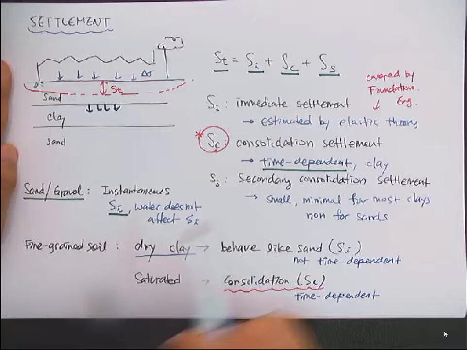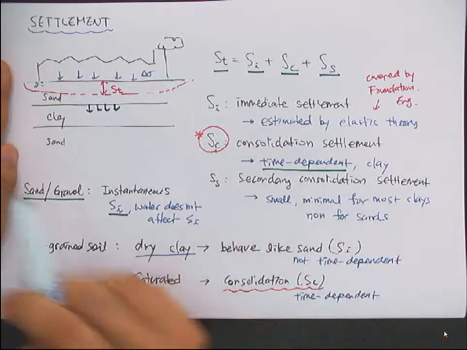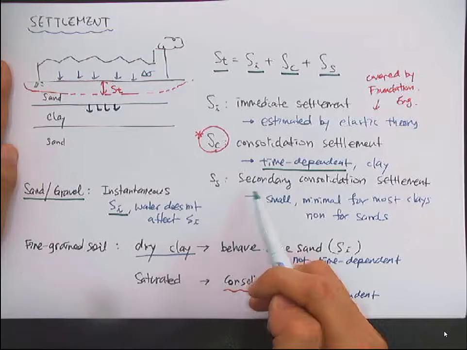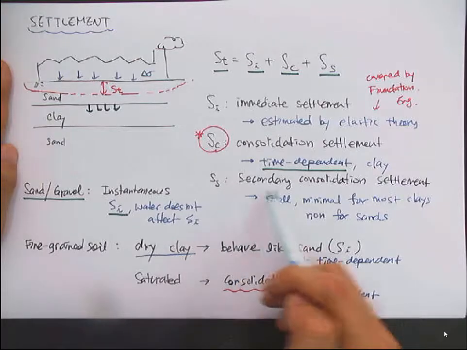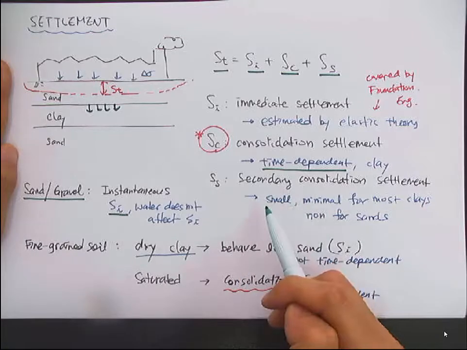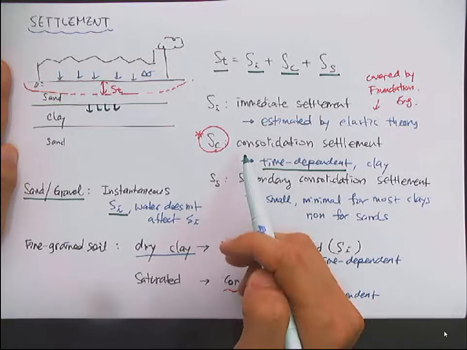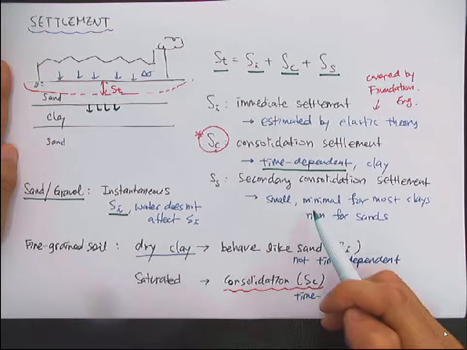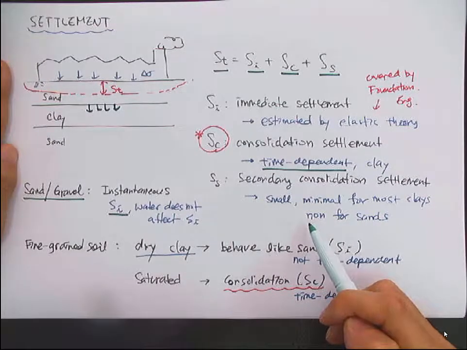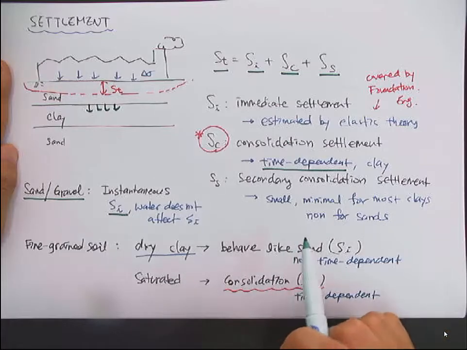And after the consolidation settlement, after all the water has escaped, you have a creeping behavior, which is called the secondary consolidation. This secondary consolidation settlement is relatively small compared to the consolidation settlement, minimal for most clay, and very little for sand.